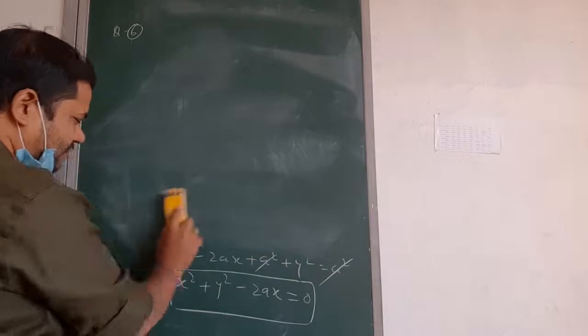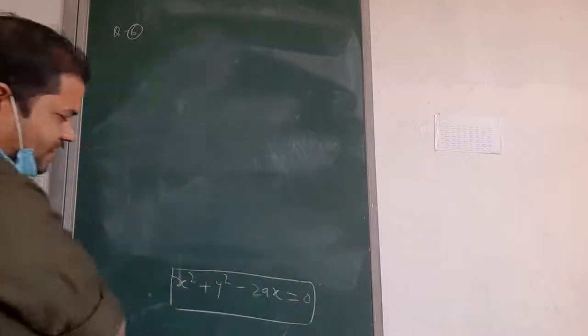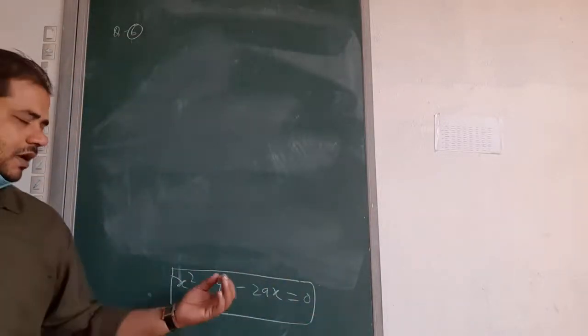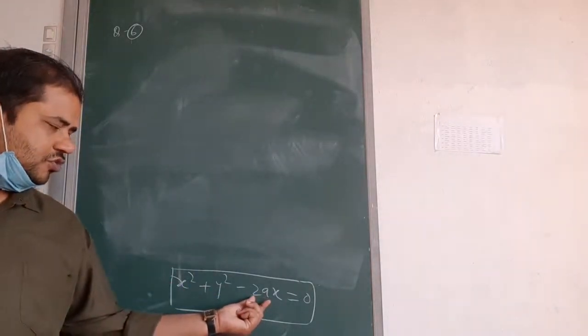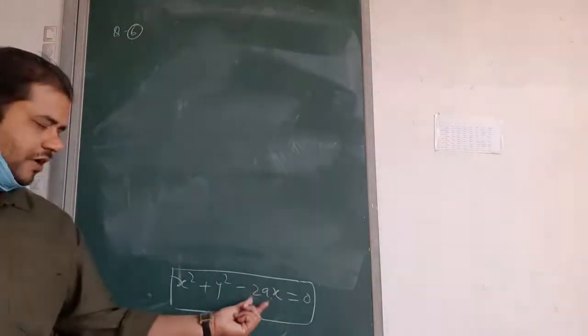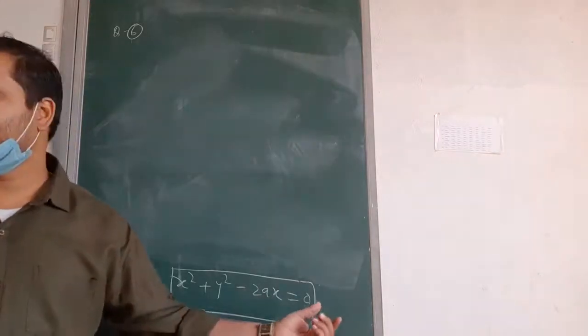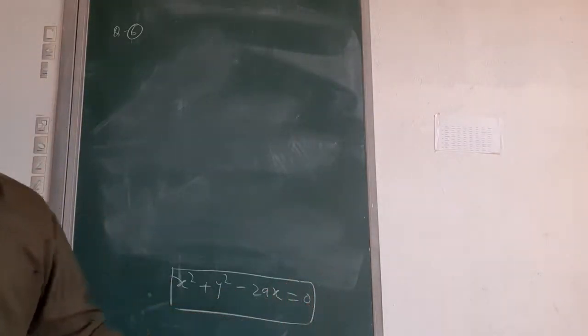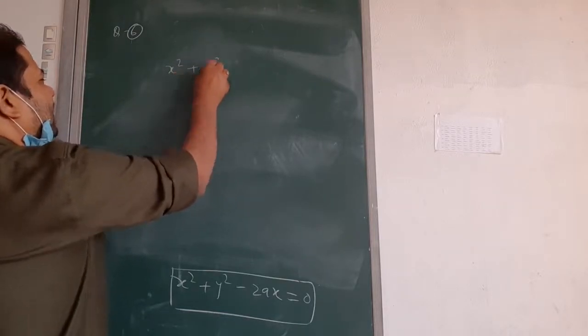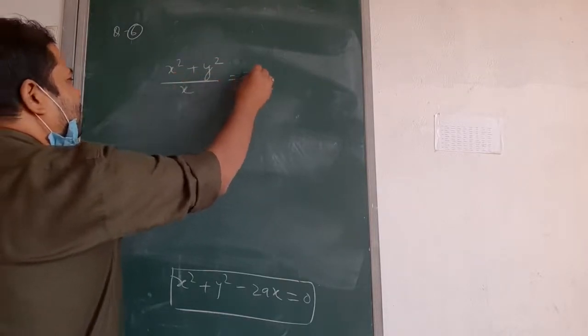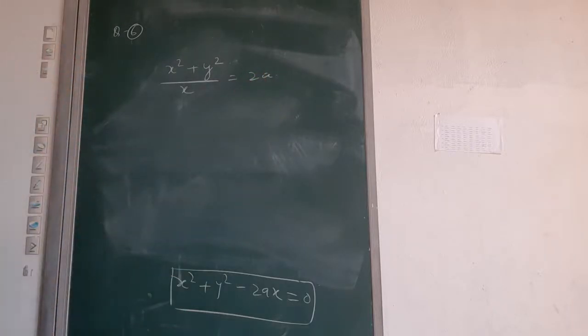I had already told you that we should use the constant as 2a. Okay, keep 2a separate, that will make our work easier. So you can write (x square plus y square) upon x is equal to 2a. Am I right? Yes, sir.